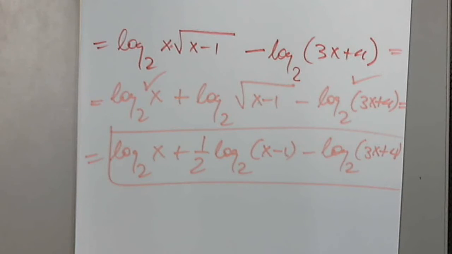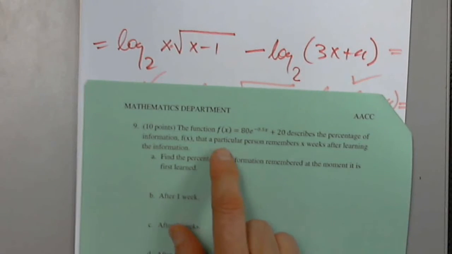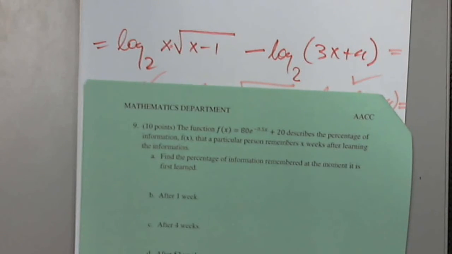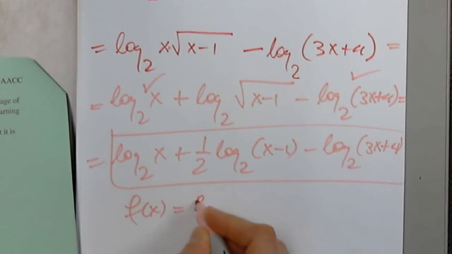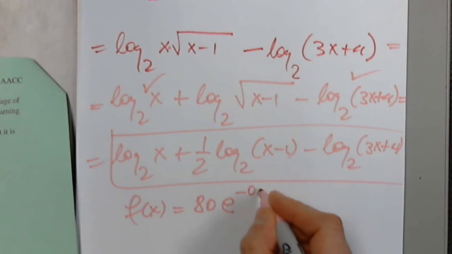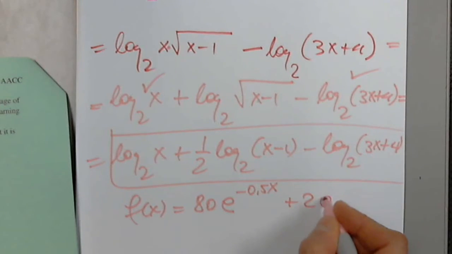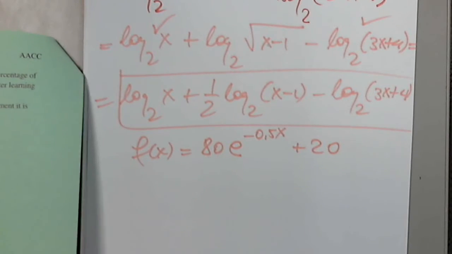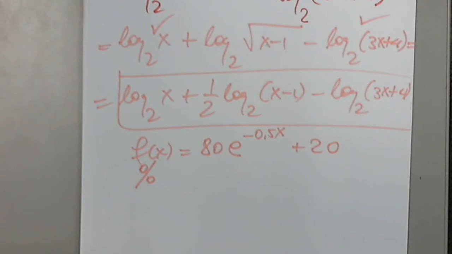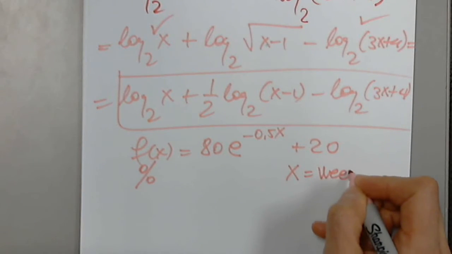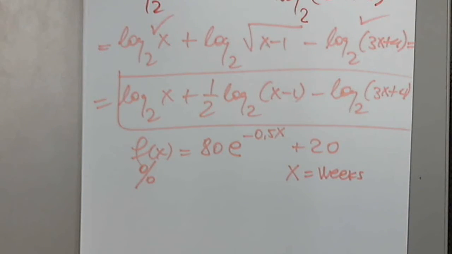Any questions? Okay. So this function f of x, I'm going to copy it: f of x equals 80e to negative 0.5x plus 20. It describes the percentage of information. So this is a percentage, f of x, that a particular person remembers x weeks after learning the information.